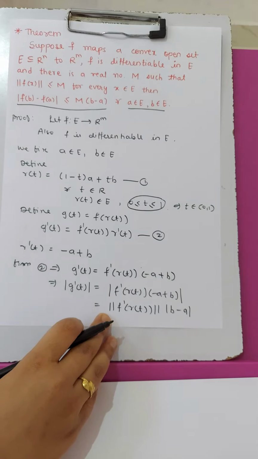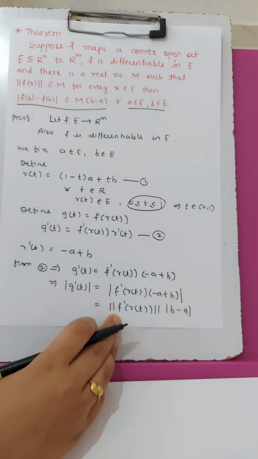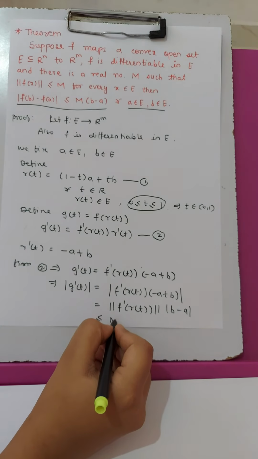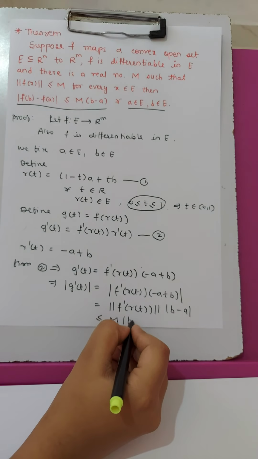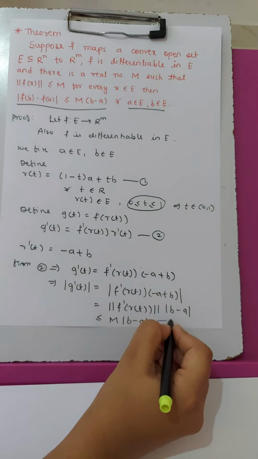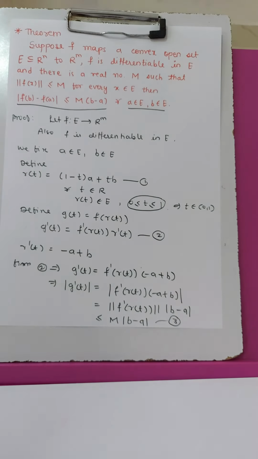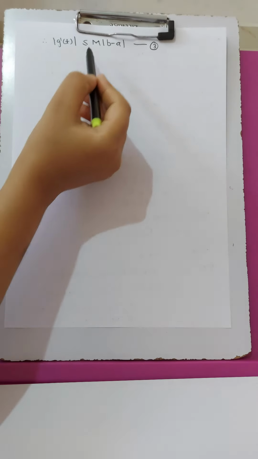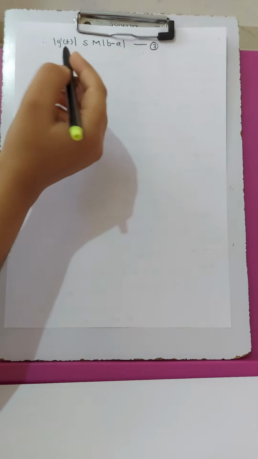Now this norm of f'(gamma(t)) is less than M, so this is less than M mod of b minus a. So let it be number 3. So we have mod of g'(t) less than or equal to M mod of b minus a.